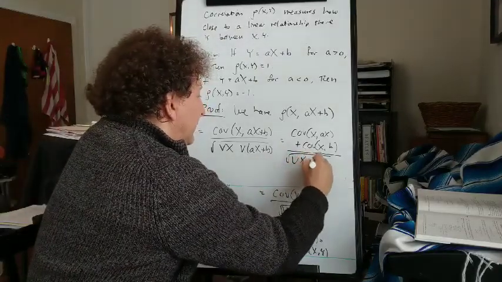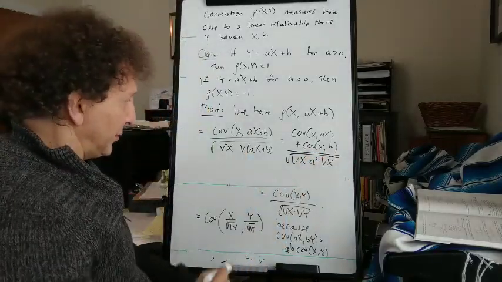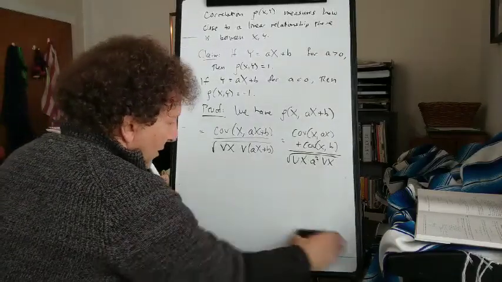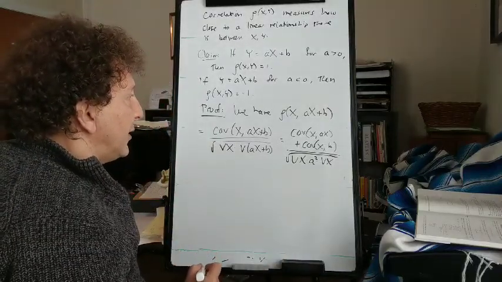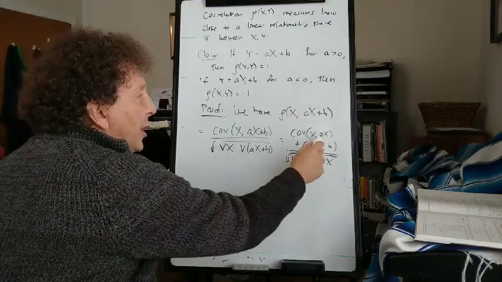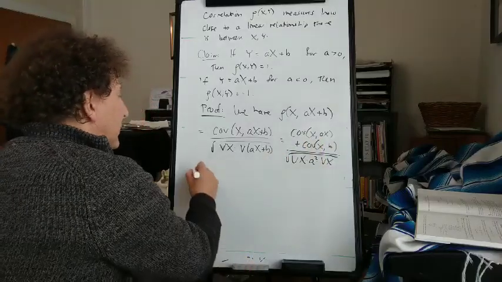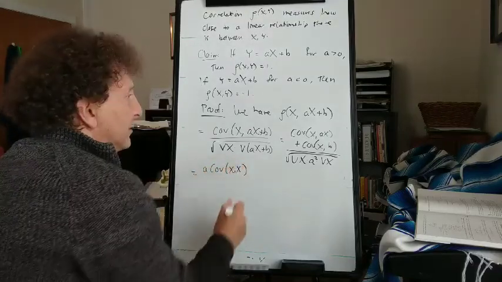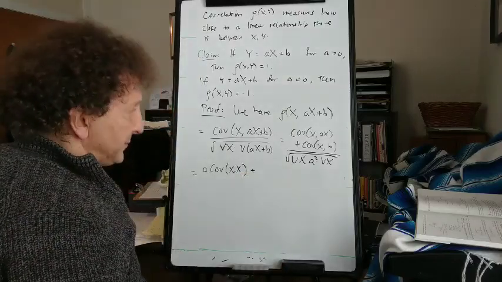So we have variance of x times a squared times variance of x. The b just disappears. Now when we have the covariance of something with a scalar multiple in there, we can pull the scalar multiple out. It doesn't become squared. So we've got a times the covariance of x with x plus the covariance of x with b.